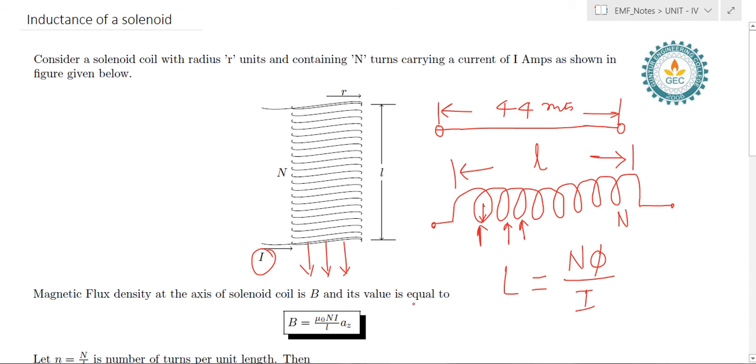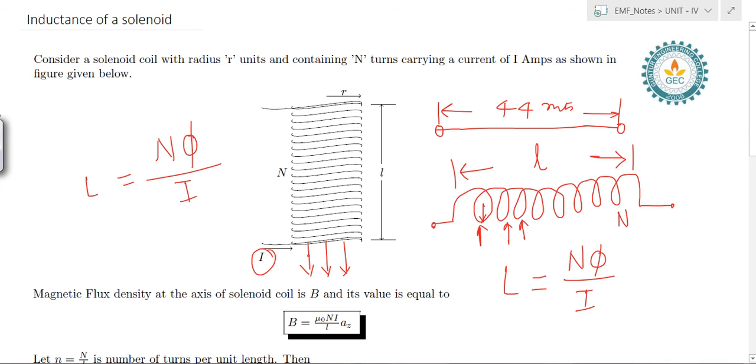So the flux linkages is equal to N into phi, because the solenoid coil contains N number of turns and phi is the flux produced in it. This phi is produced because of this current I. So this N phi is linking this current I, so that the ratio N phi by I is equal to L.